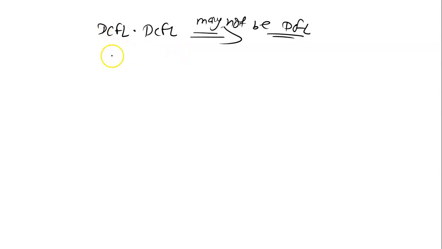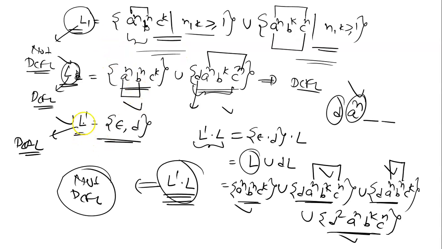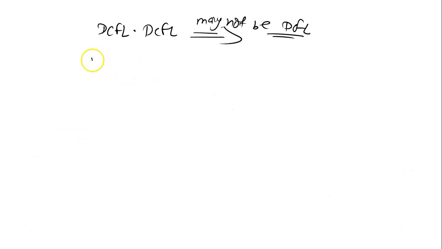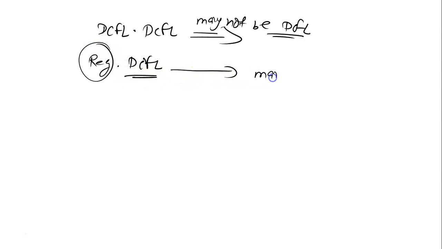Also you can clearly see that this LDAS is a regular language. So I can also say that if you have a regular language dot DCFL language, meaning regular language concatenated with DCFL language, that also may not be DCFL. So basically DCFL languages are not closed under concatenation with regular languages.